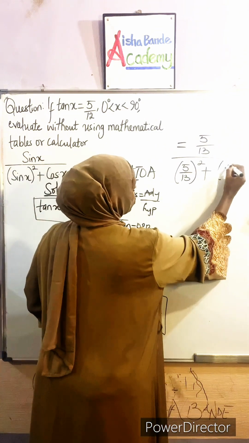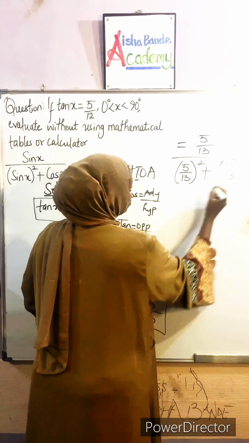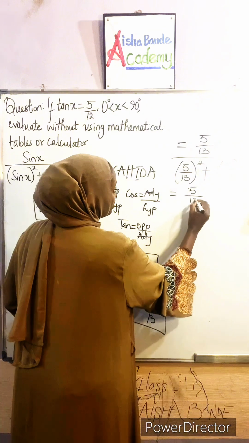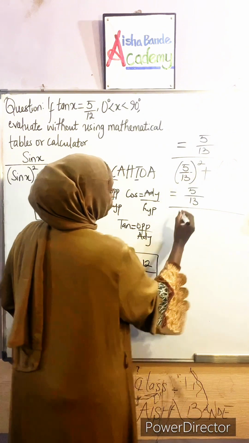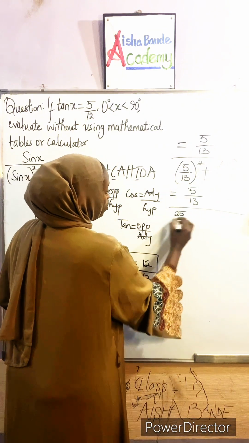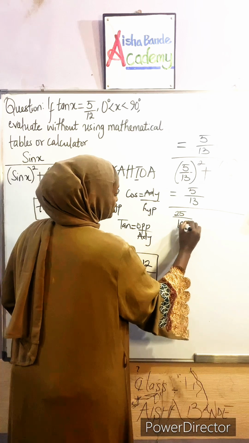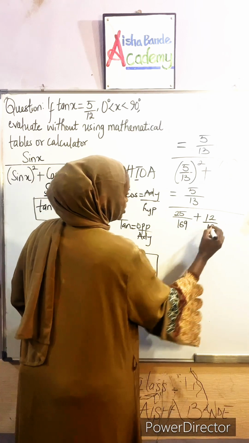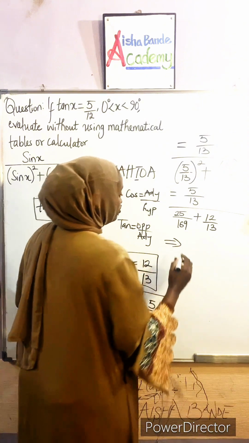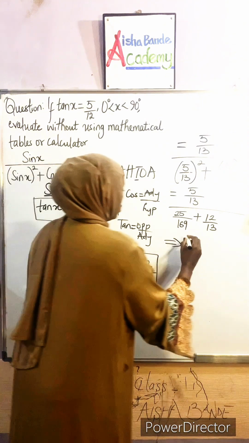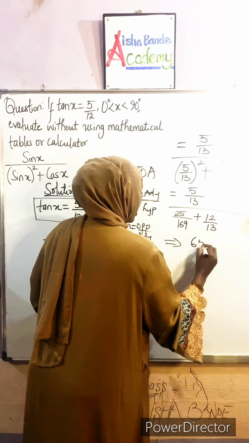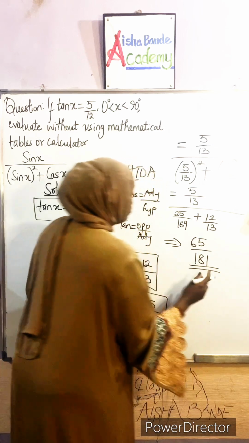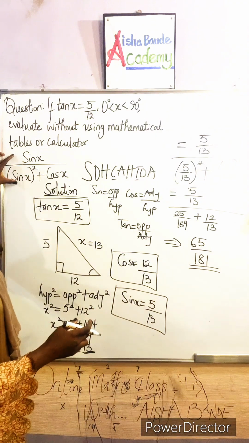Simplifying further, we are going to have 5 over 13 all over 5 squared, which gives us 25, all over 13 squared, which gives us 169, plus 12 over 13. Simplifying this gives us the value of 65 all over 181. So this is the final answer after evaluating this.